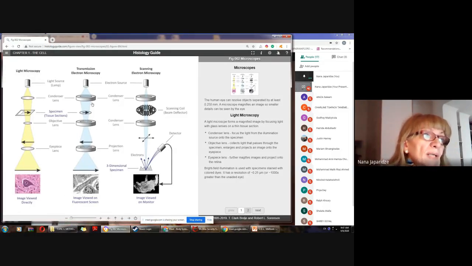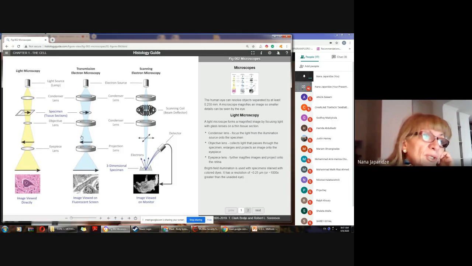In the case of transmission electron microscopy and scanning electron microscopy, we have again, of course, condensers which focus the beam of electrons. So the beam of electrons is obtained from the electron source, and it is focused on the tissue sample.